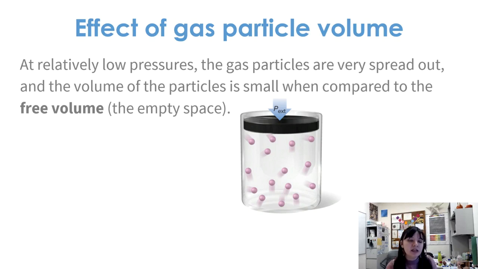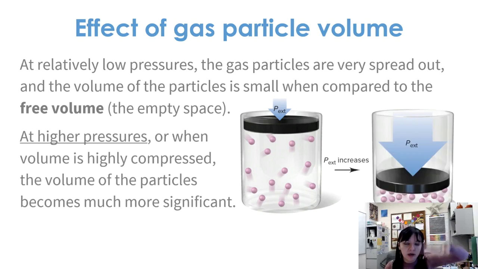But if you increase the pressure and push down the lid of this container and really press those molecules closer to one another, with that higher pressure, the free volume becomes less and less. And the volume of the particles themselves becomes a much more significant part of the space available.